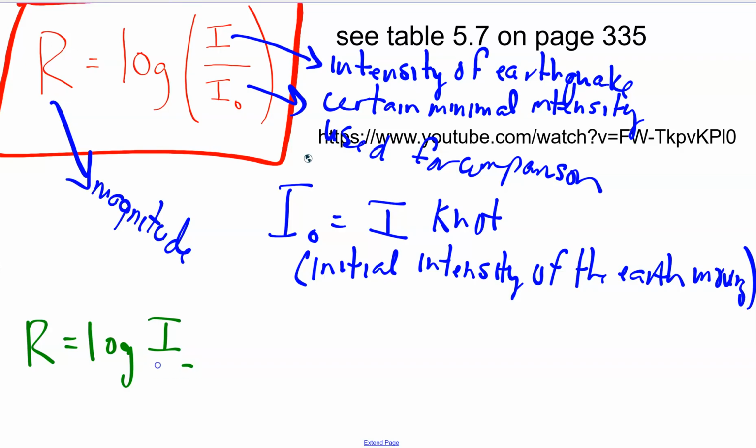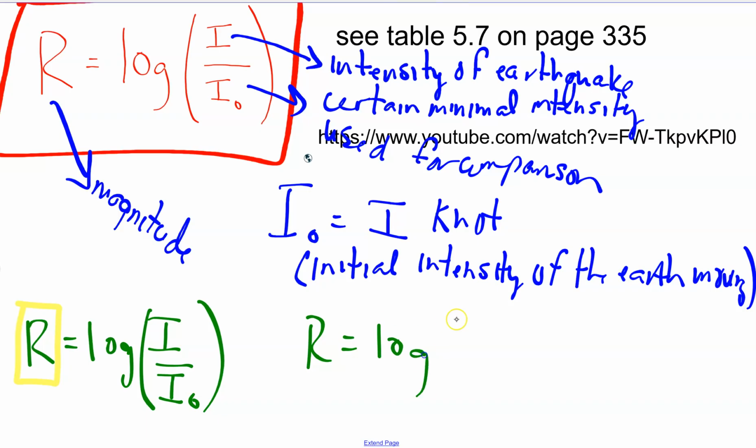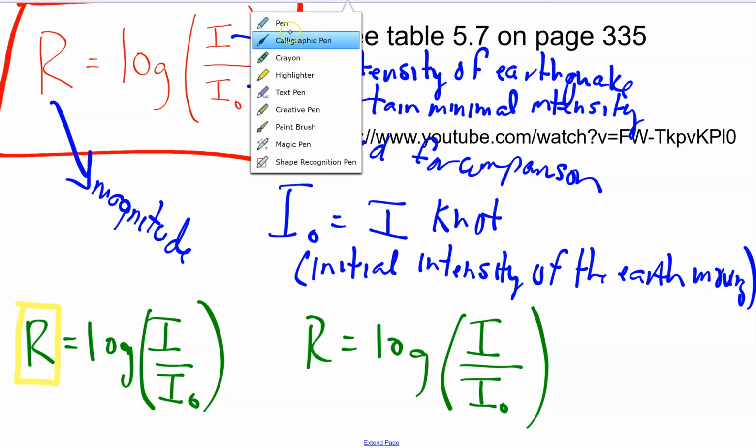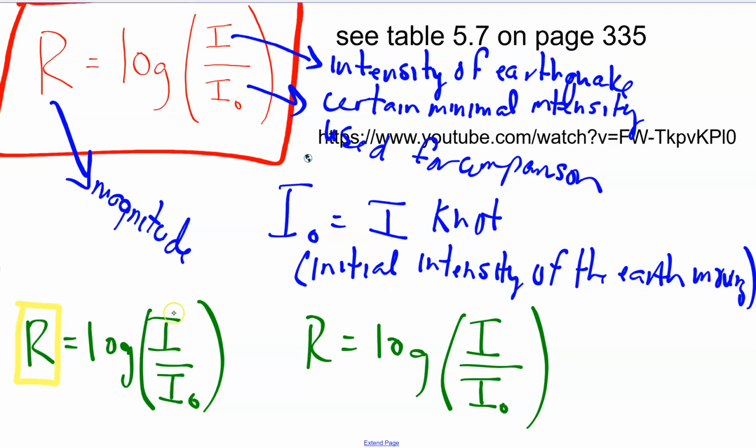It's basically given one of the variables, there's a Richter scale variable or an intensity variable, and either you're going to be asked to find the R given the I, or you're going to be asked to find the I given the R. So you're going to input the I and come out with the R, or you're going to input the R and come out with the I. Those are the two options for any of these. So we just have to decide which one we're given, plug it in, and find the other.